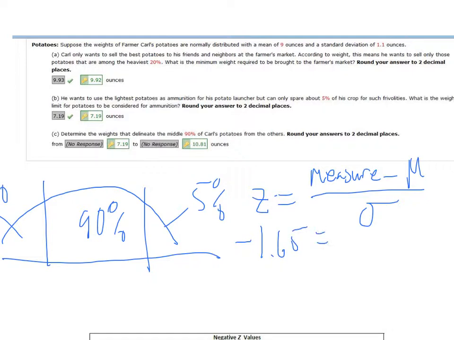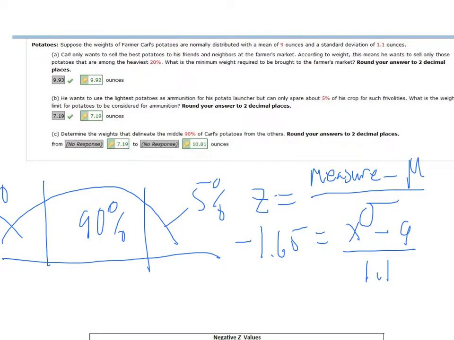If we don't know the measure, that's our x. We know the mean is 9, and the standard deviation is, what are they telling us, 1.1? So the algebra we're going to do is multiply this times 1.1, and then add 9. If we multiply that, that's where we're getting the 7.19.